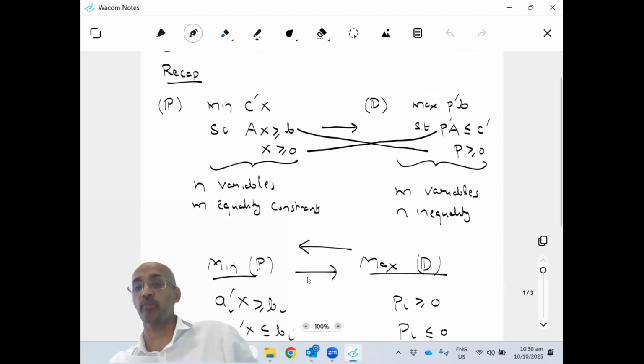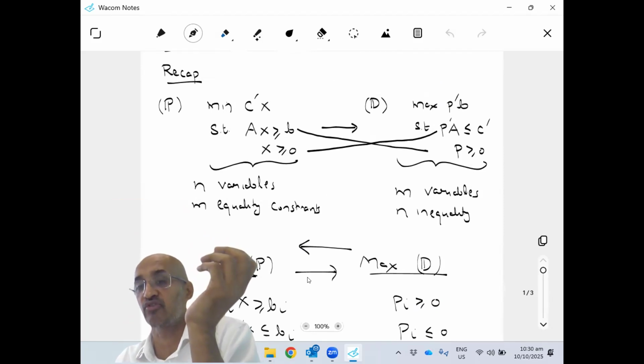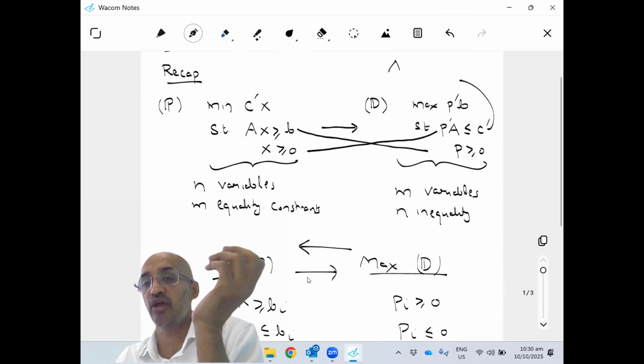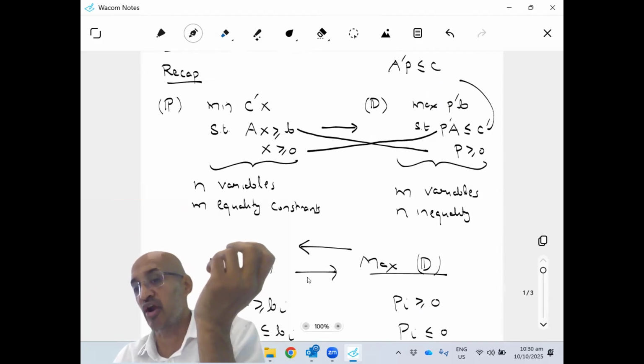The same matrix A shows up in both parts, on both sides. I'm just writing this in row vector form, and this in column vector form. You can also write this constraint as A transpose p less than or equal to c, if you want. I'm just taking the transpose out.